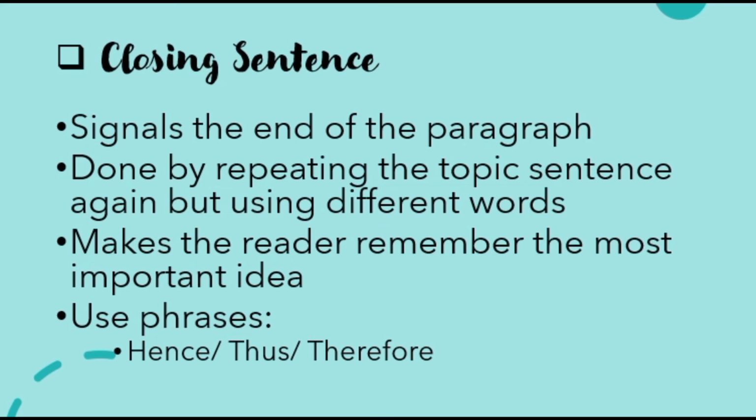This one closing sentence of your paragraph makes the reader remember the most important idea that you have been talking about in your paragraph. You can start your closing sentence by using these conjunctive adverbs like hence, thus, or therefore. There are other conjunctive adverbs that you can use for this, and you can read the list of words in my blog.